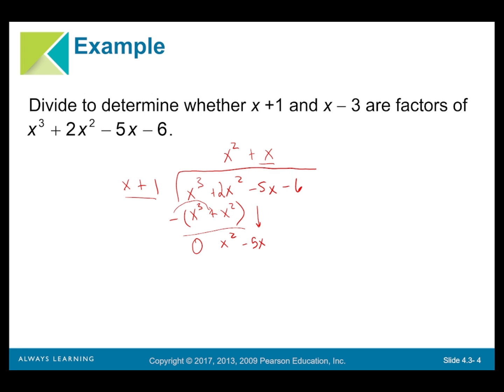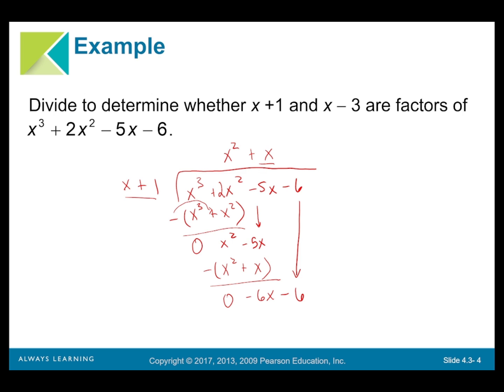Well, x times x gives me x squared, and x times 1 gives me x. I subtract the whole thing, and I get 0. Now we have minus 5x minus x, which is minus 6x. Now I'm going to drop the minus 6. So we'll only drop one term at a time.